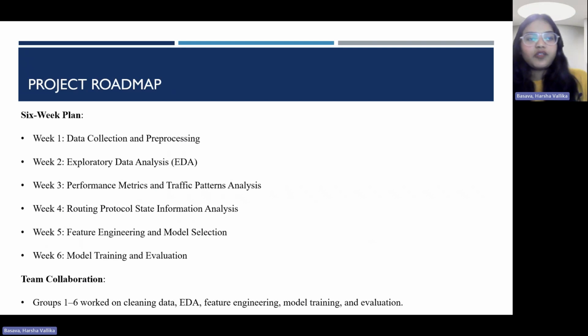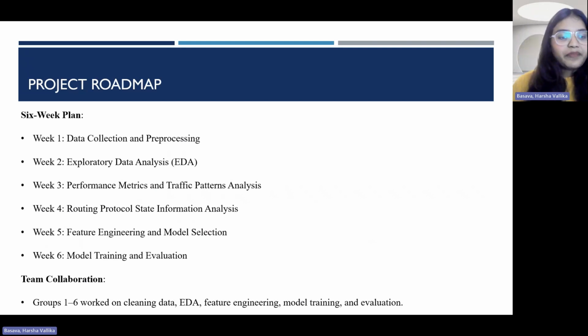So let's see the project roadmap. As part of our project roadmap, we have 6 teams working on this project, and each team consists of 2 members. Week 1 we have allocated to data collection and pre-processing. We were provided with the dataset. Team 1 is supposed to do this activity, followed by exploratory data analysis in week 2, and performance metric and traffic pattern analysis.